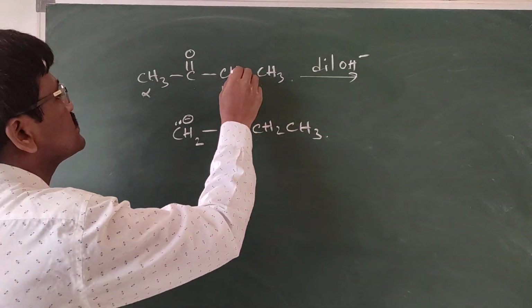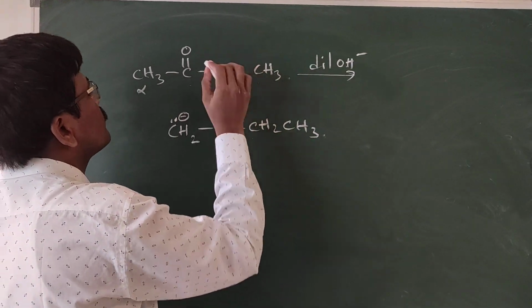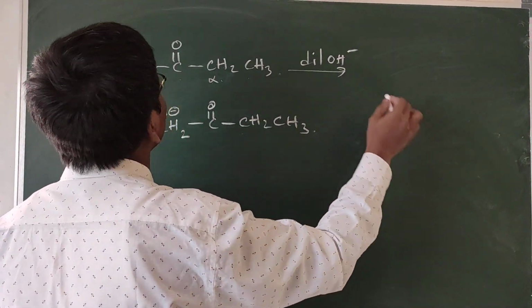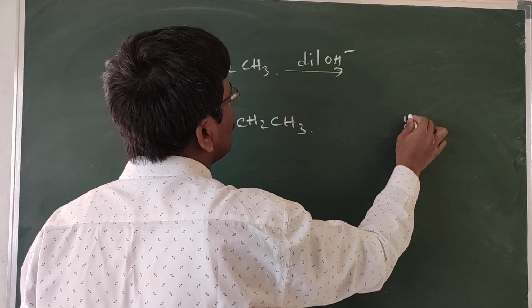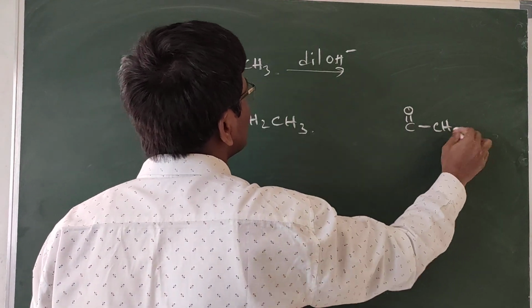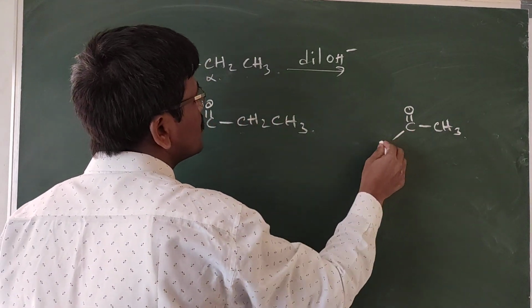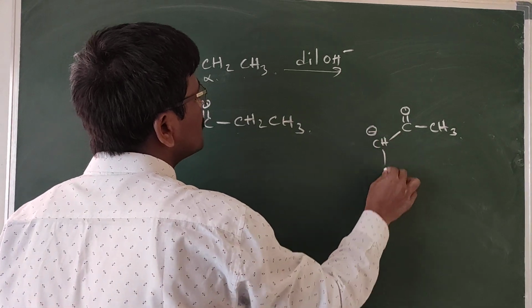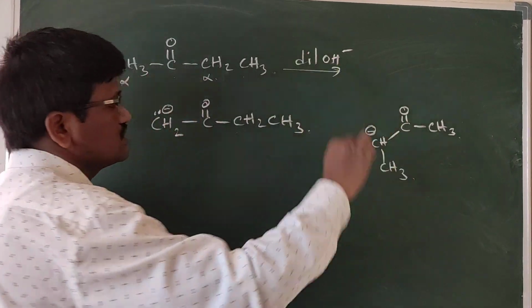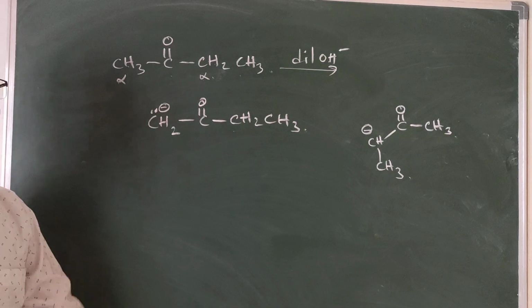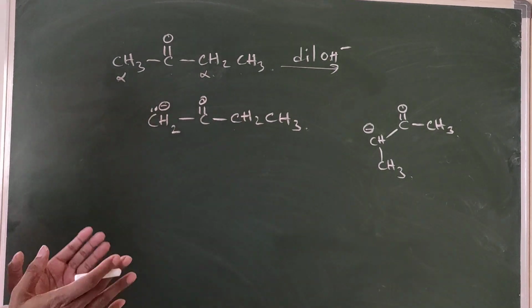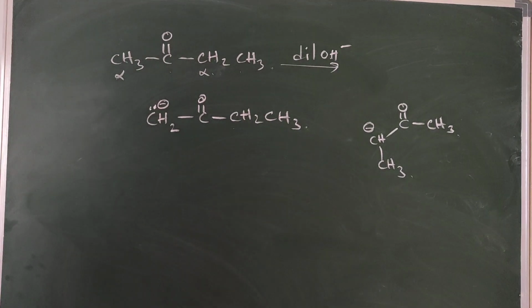If the base abstracts the proton from this alpha carbon, we get the enolate ion like this: C double bond O, CH3, this is CH minus and this is CH3. There are two types of enolate ions formed, so we get two different products.